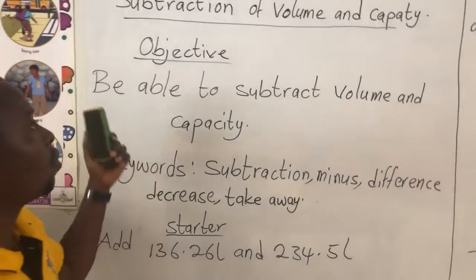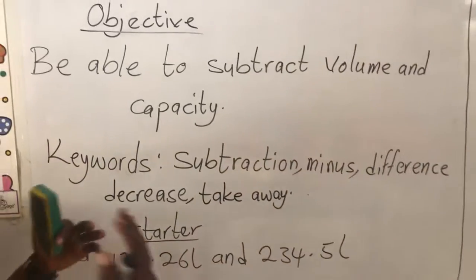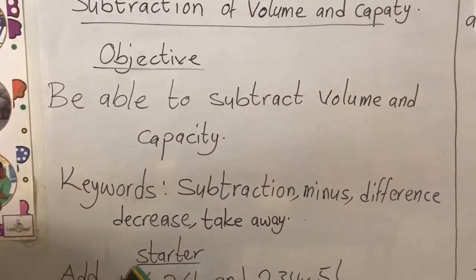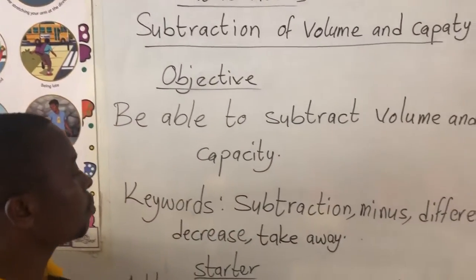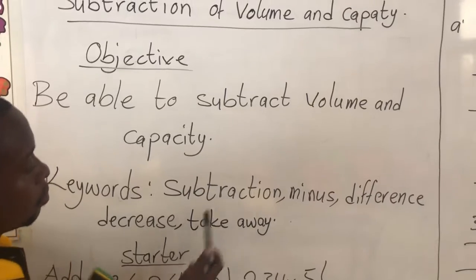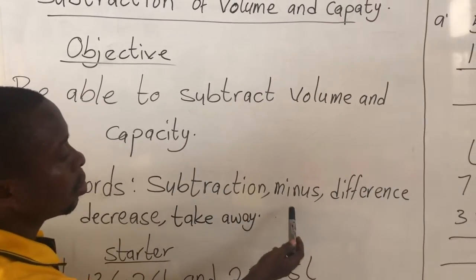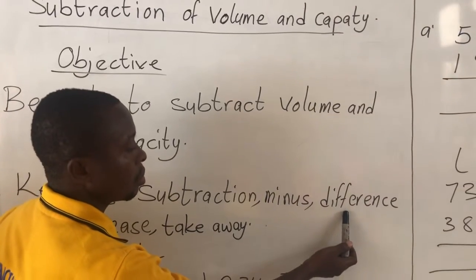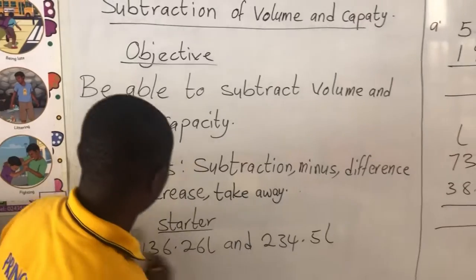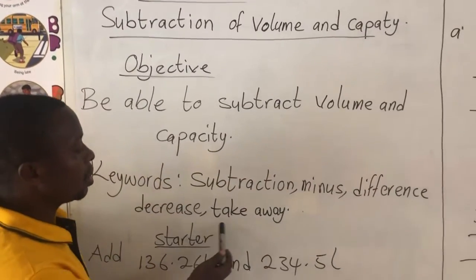When we are talking about subtraction, let's look at some keywords that we can use to replace the word subtraction, or the words we can meet in subtraction questions. We have minus, difference, decrease, and take away.